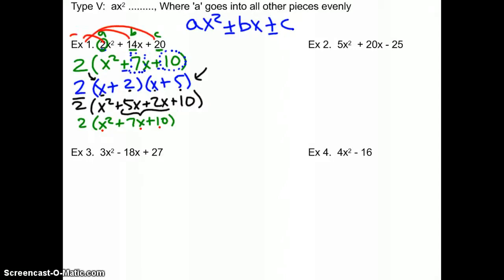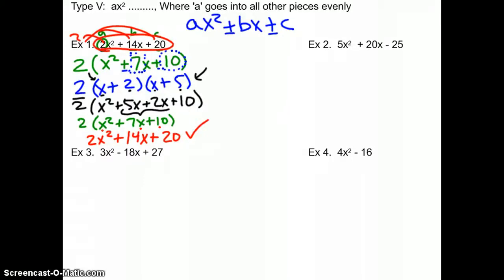I pulled a 2 out of each one of those terms, so I distribute it back in. 2 times x squared is 2x squared. 2 times 7x is 14x. And 2 times 10 is 20. So I look back up, I had my extra multiplication step in here: 2x squared plus 14x plus 20. Looks like I did it correctly.